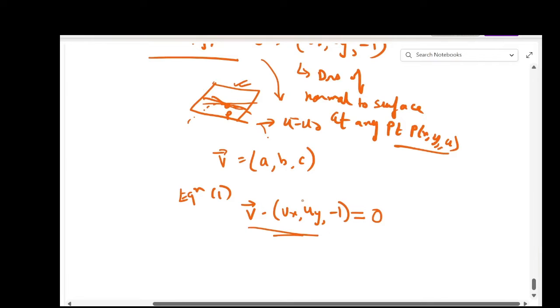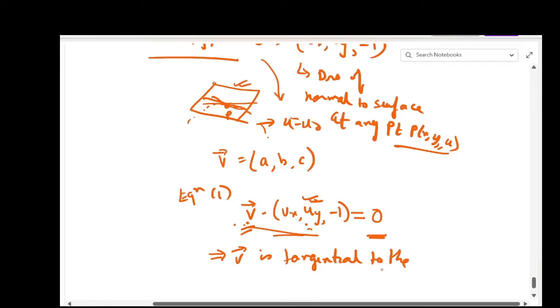What does it mean? The normal is perpendicular to the surface, and V is perpendicular to this vector. That's why the dot product is 0. That means V is any direction tangential to the surface.